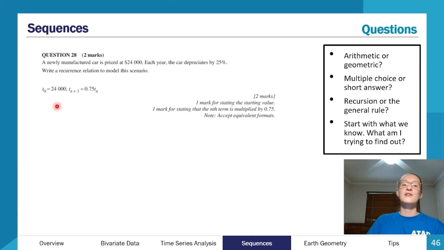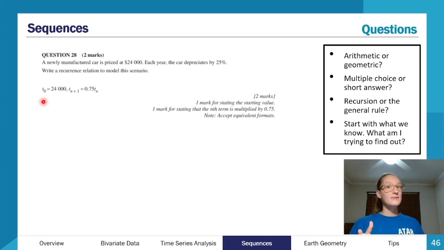And this is an interesting note here. Why am I saying T0 equals $24,000 when normally we start with T1? That's because sometimes, and this is where it gets quite tricky, in word problems, depending on what we've defined our variables as, we actually start with T0. In this scenario, we've defined n as the number of years that have passed.